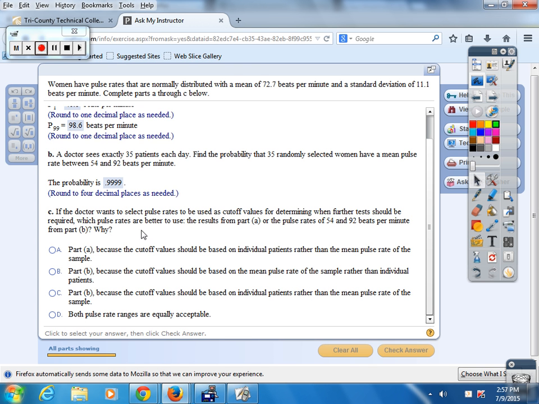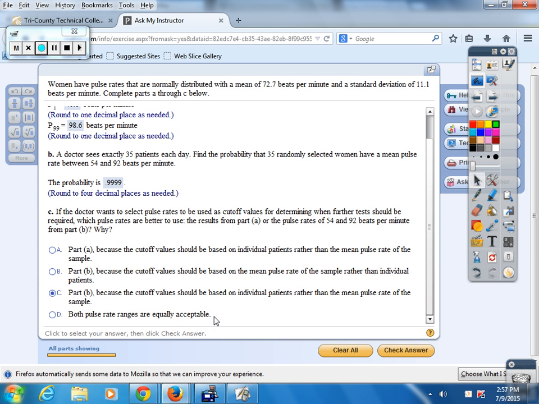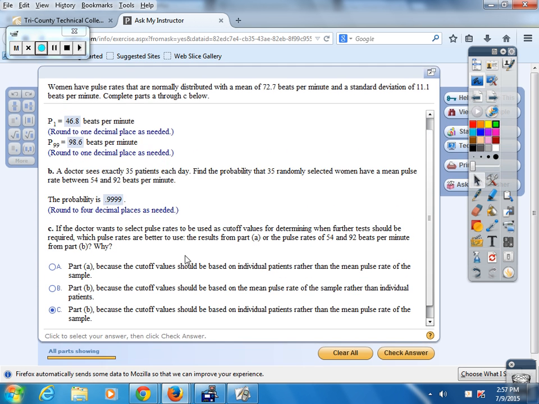All right, if the doctor wants to select cutoff values, maybe B right here, C. But there also is a chance that they're going to say that both rates are equally acceptable because this is 0.9999.